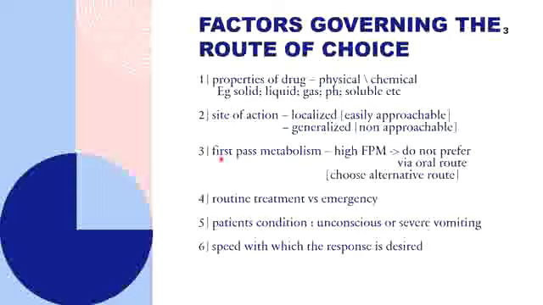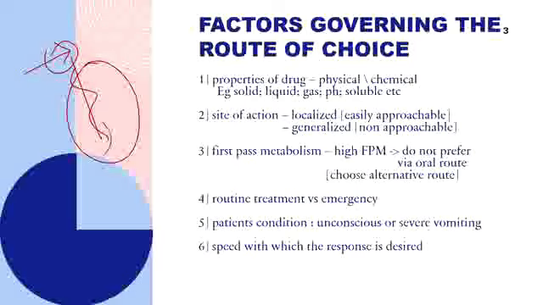Next, the third factor governing the route of choice is first pass metabolism. Any drug which we give orally passes through the GIT, then through the portal vein, and then goes to the liver, then to the inferior vena cava and circulates inside the body.